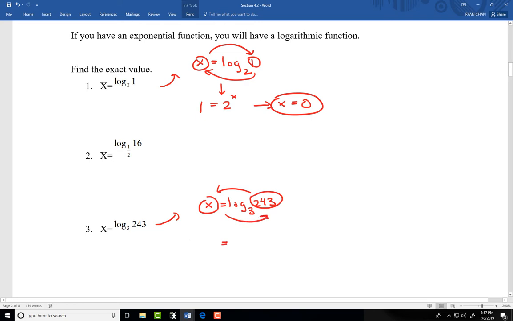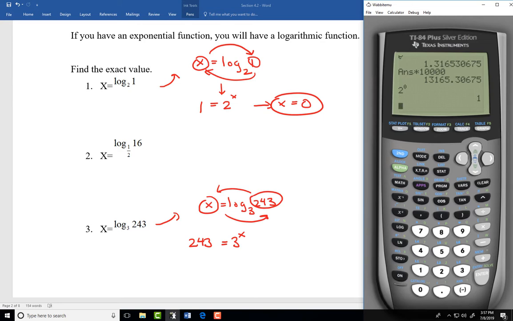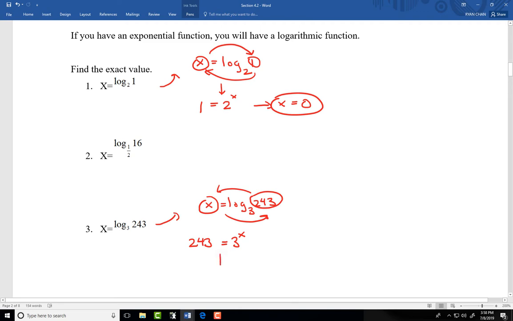This looks like 243 is equal to 3 to the x. And if you're not sure, throw it in your calculator. Here's a trick too. Let's say you think it's 3 cubed. It's not, it's 27. You just have to keep increasing by 1 until you get it. Notice it's going to be 3 to the 5th. So my answer here will be x is equal to 5.